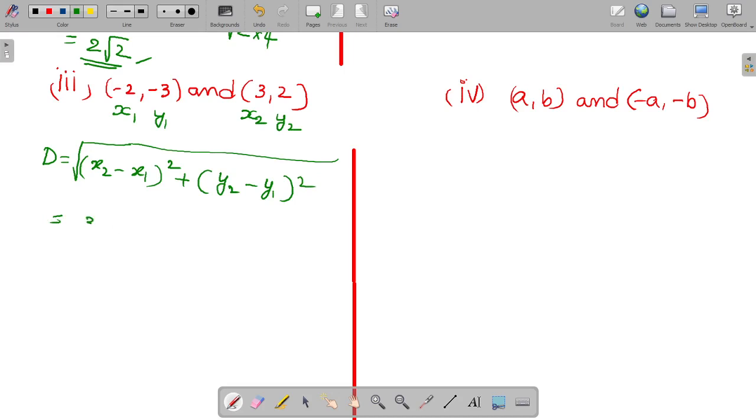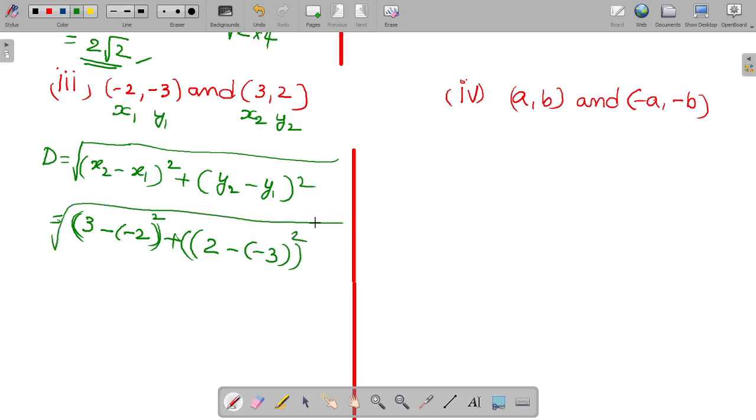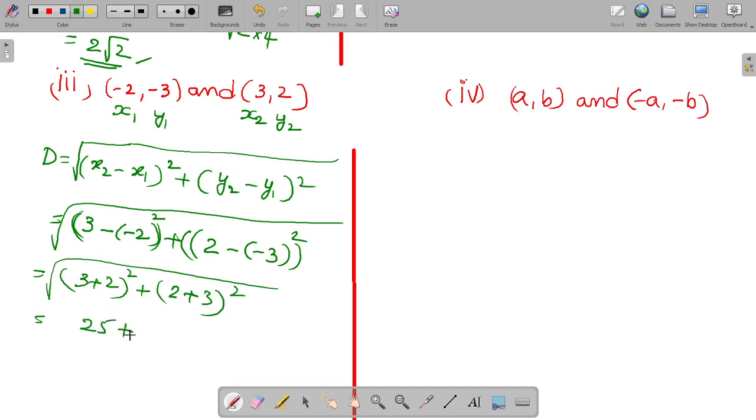x2 minus x1 whole square is 3 minus minus 2 whole square, plus y2 is 2 minus minus 3 whole square under root. 3 minus of minus 2 is 3 plus 2, whole square, plus 2 minus of minus 3 is 2 plus 3 whole square under root. 3 plus 2 is 5, 5 square is 25.